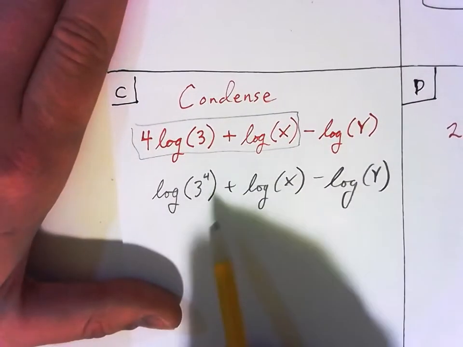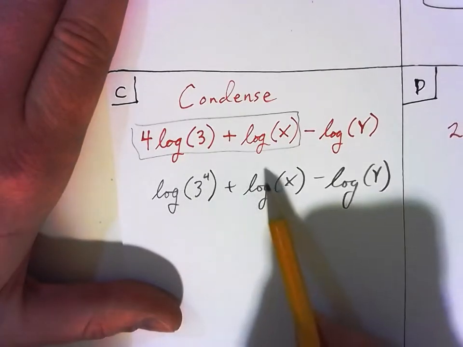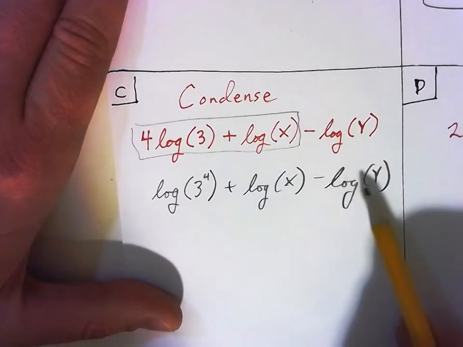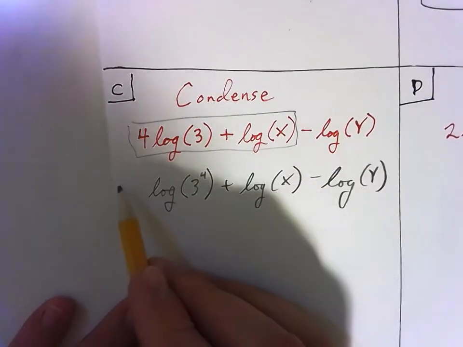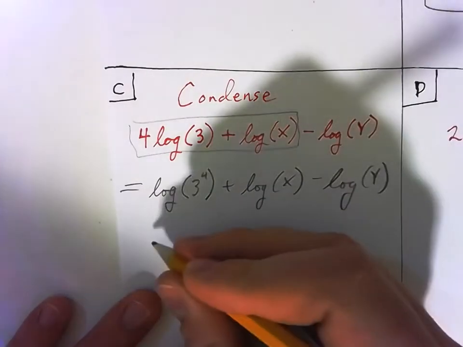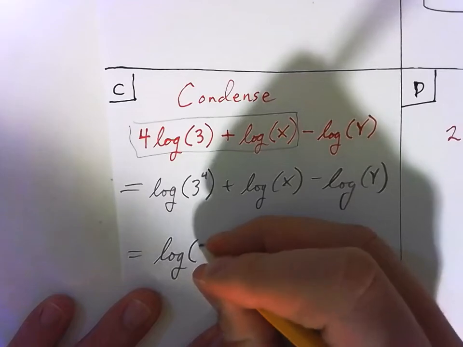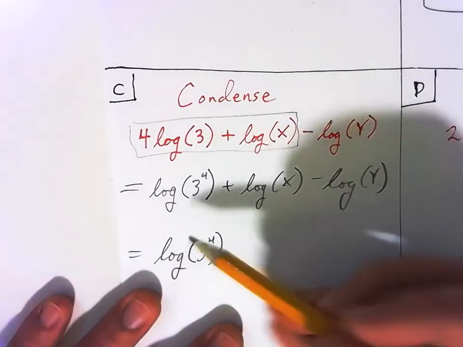Okay, now, actually, it could work better if we did these 2 first, but just to show you how it'll work, I'm going to do these first here. So I'm going to leave the one in the front, log of 3 to the fourth power. You can just leave that as an exponent.